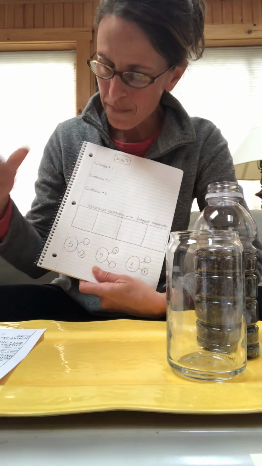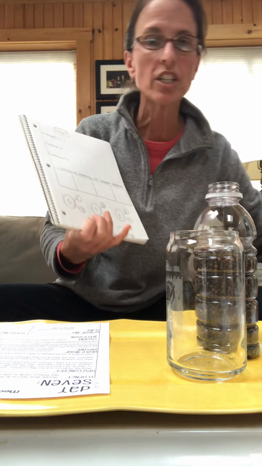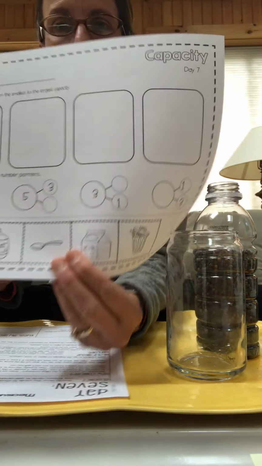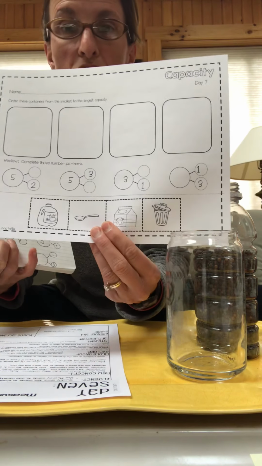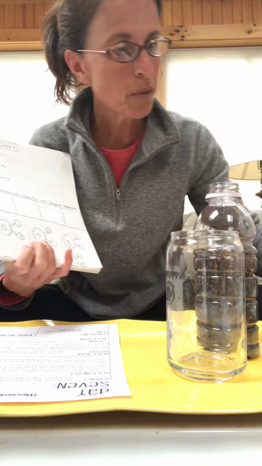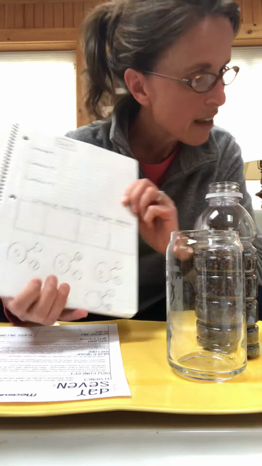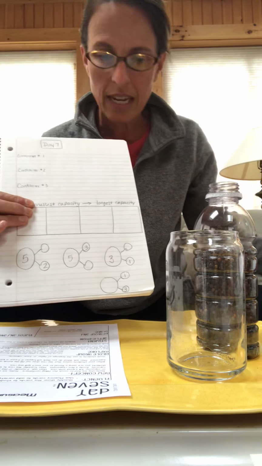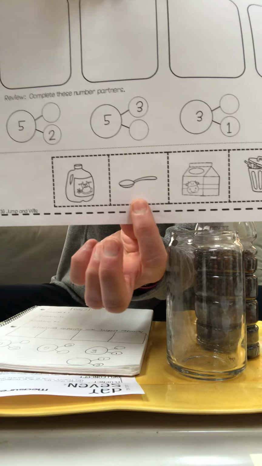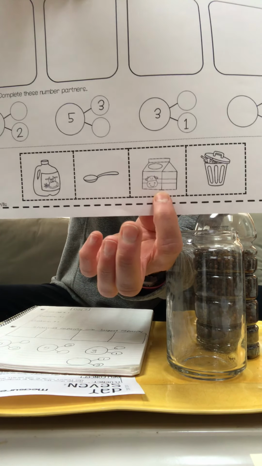And then for your worksheet, again, if you can't print, it's a very simple thing. If you just look at it on your computer, you could just draw a picture. It's saying order these containers smallest to largest, and it shows a picture of a milk jug, a spoon, a small milk carton, and a trash can.